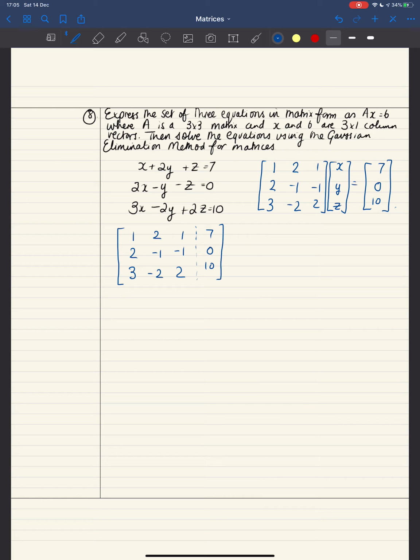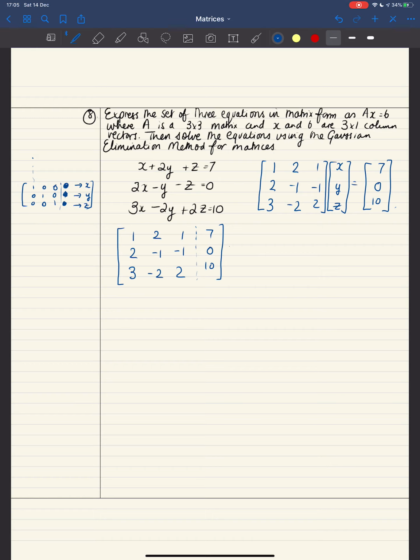And then we have to row reduce all the way down so we get 1, 0, 0, 0, 1, 0, 0, 0, 1. And then what we get here, and there, and there, that's going to be our X answer, that will be our Y answer, and that's our Z answer. Okay.